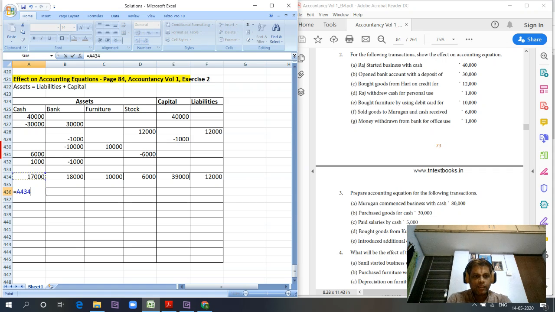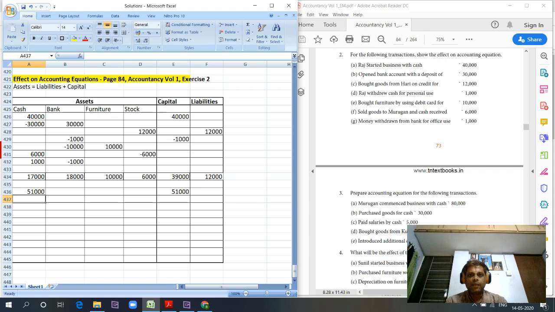So let's see what is the total of all these assets here. 51,000. The accounting equation formula is matching here. Assets total 51,000, capital plus liabilities 51,000.